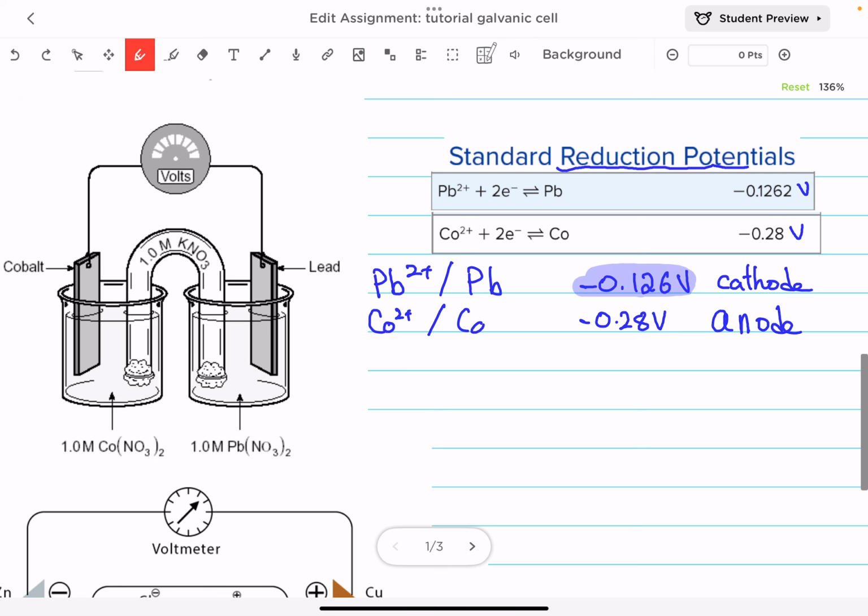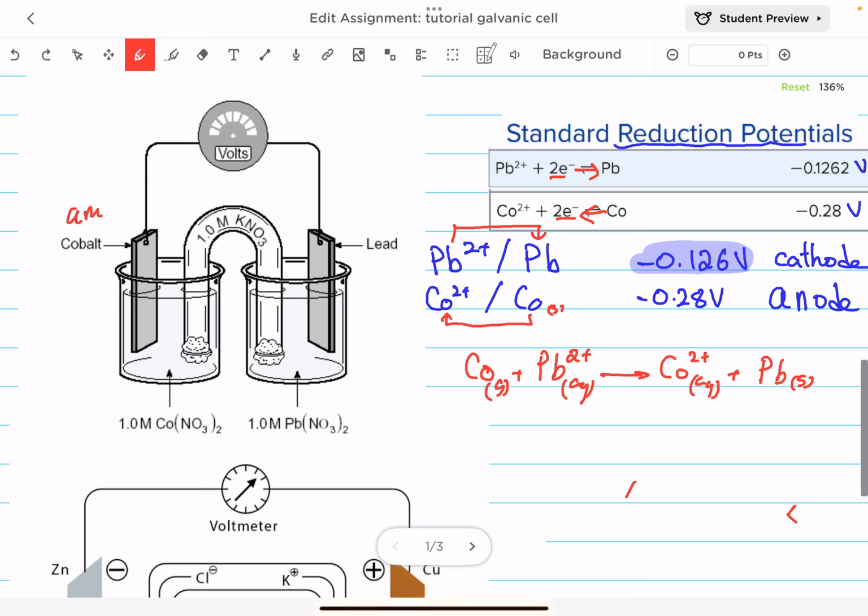And since at the anode we have the most reactive metal, it's cobalt that's going to give the solution and the lead 2+ that's going to receive those electrons coming from the anode. So here, number of electrons lost and gained will be the same. So we can say cobalt giving cobalt 2+ and lead solution giving lead metal. So this is going to be the anode and this is going to be the cathode based on the voltages.